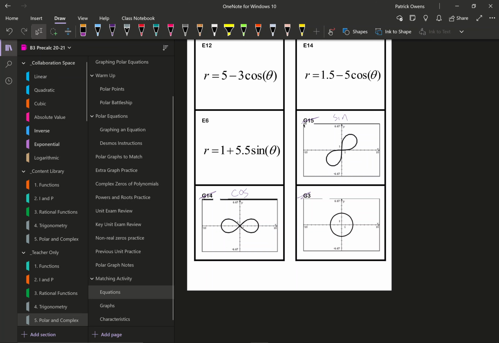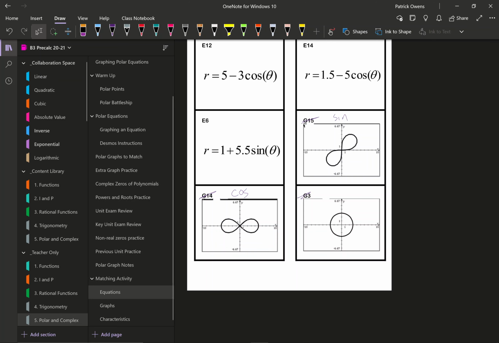Then our characteristics. It's not going to be one of the ones with the inner loops, or with no inner loops. It's going to be one of these with an inner loop. Curve lies above the polar axis, so we've got C4. All right, going on to some of these equations. Well, honestly, while we're here, let's deal with E14.